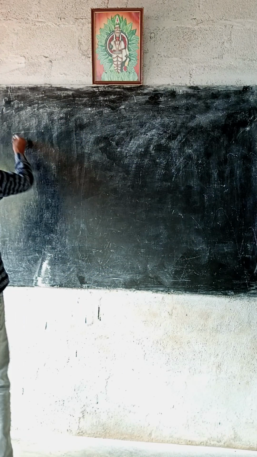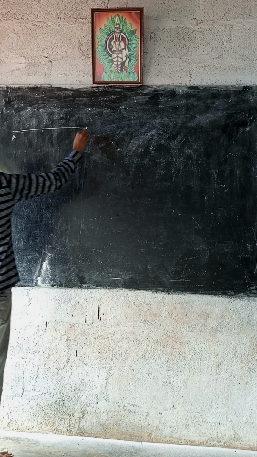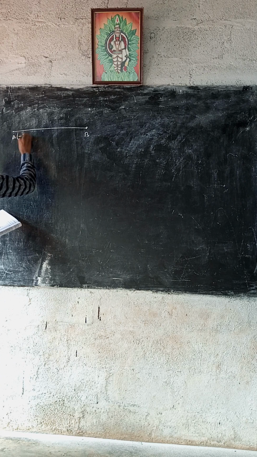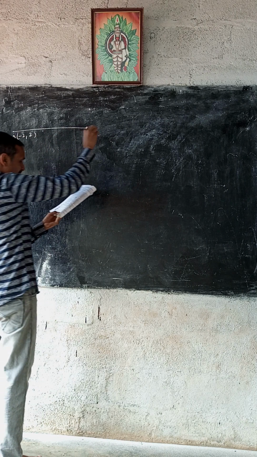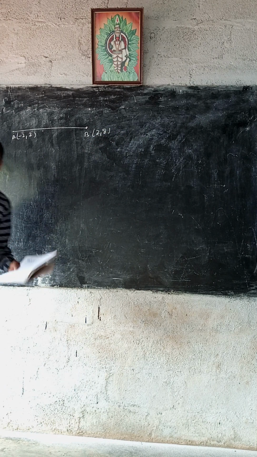Here is a line segment, here is A, here is B. Point A is given as minus 2 comma 2, and B is given as 2 comma 8, and it divides into 4 equal parts.